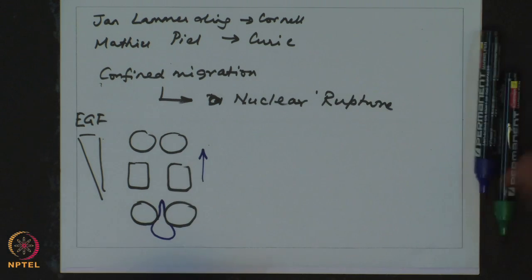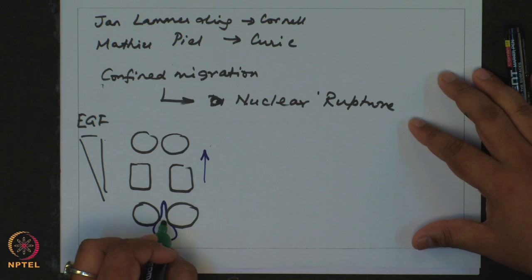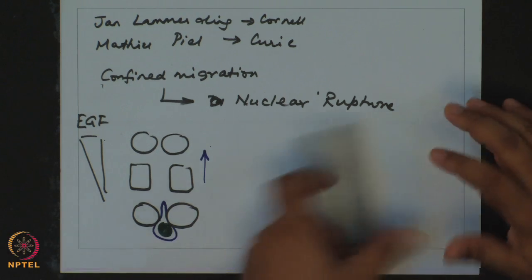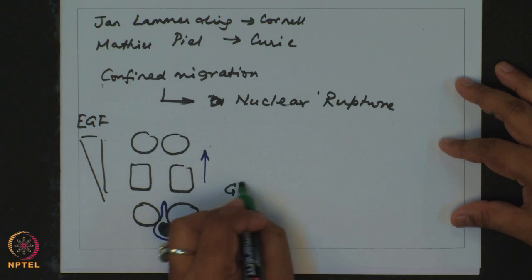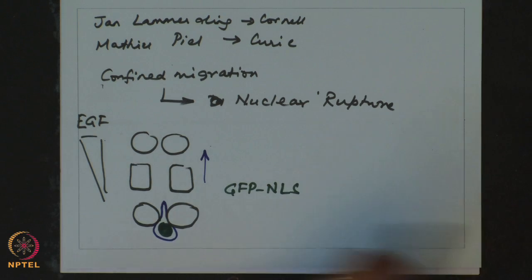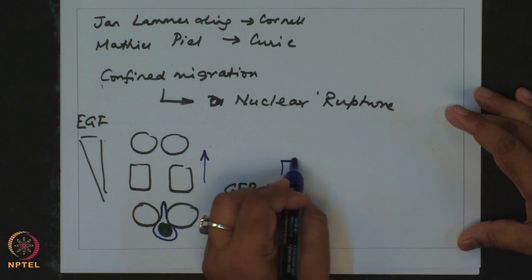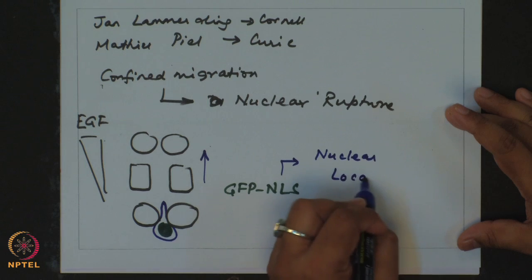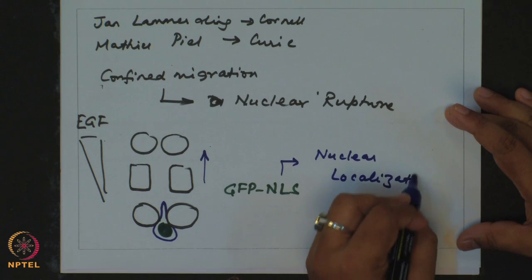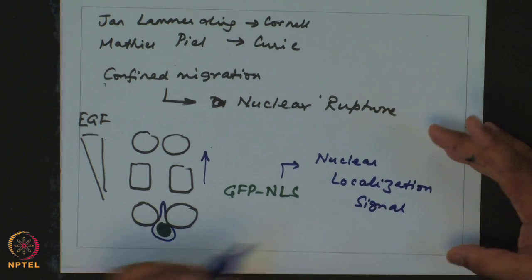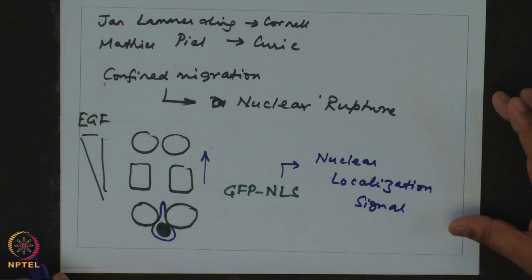So, what they did was they transfected these cells with GFP-NLS. Now, NLS is nuclear localization signal. So, this should ideally only be present in the nucleus.